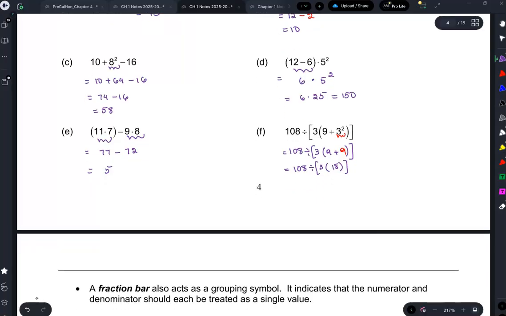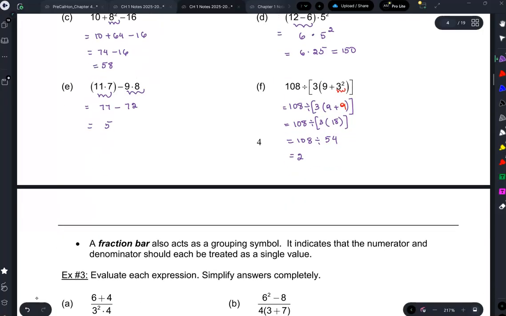Oh, can we do 3 times 18 mentally? Yeah. Oh boy, look at you guys. It's 54. And then what's 108 divided by 54? 2. Yeah. I still get 54, so yeah.